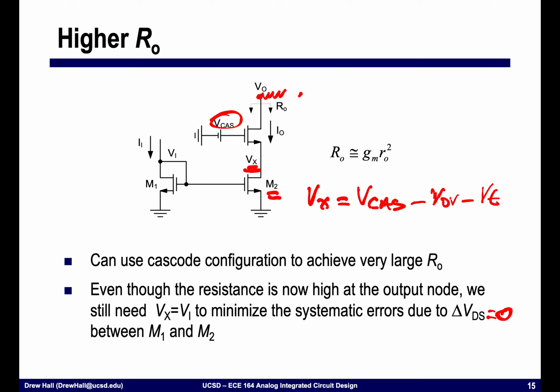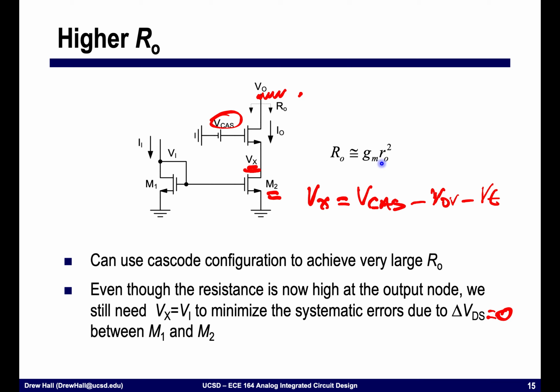Furthermore, this has the additional benefit that when I calculate the output impedance, that is when I look back into the structure at this node, I see a much larger output impedance that's essentially proportional to gm rout squared due to this cascode. Okay, so normally I would see rout of M2, whereas this transistor adds this gm rout factor to it, giving me a gm rout squared.